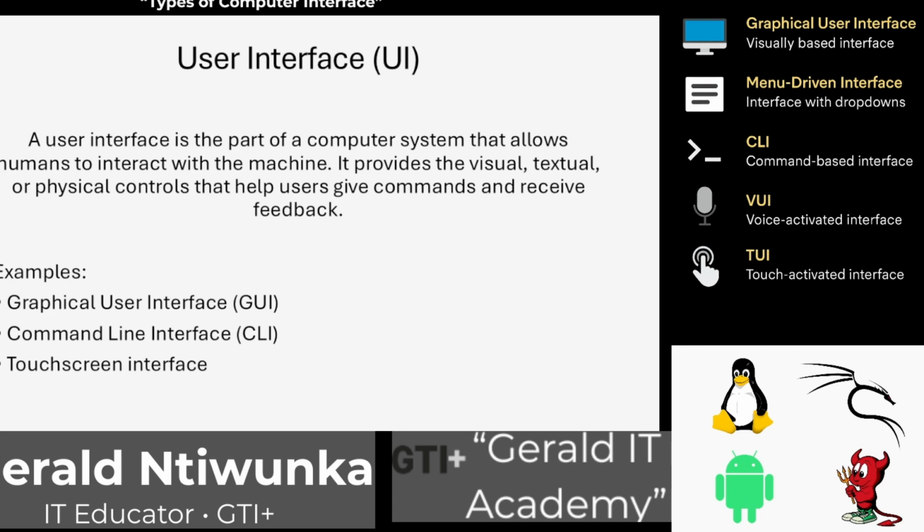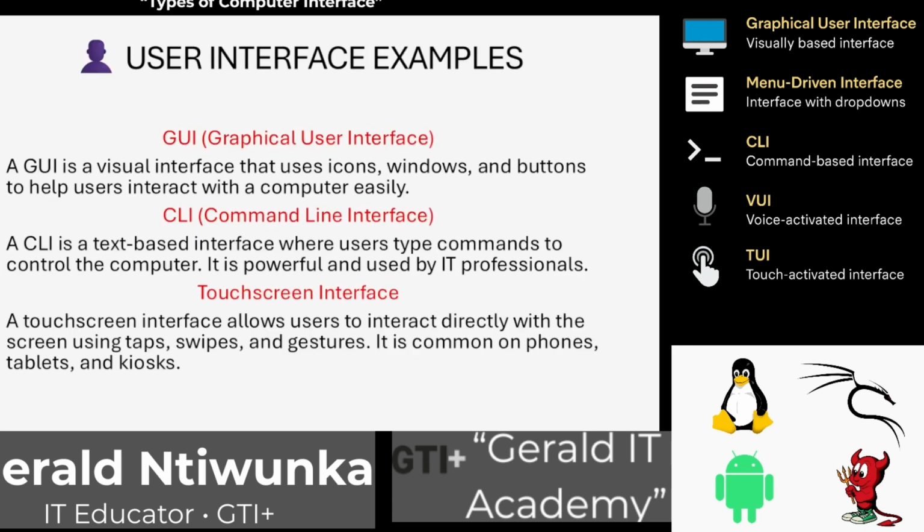Now, the user interfaces, which are the GUI, the command line interface, and the touch screen. This is how they work. A GUI is a visual interface, very visual, that uses icons, windows, and buttons to help users interact with a computer easily.